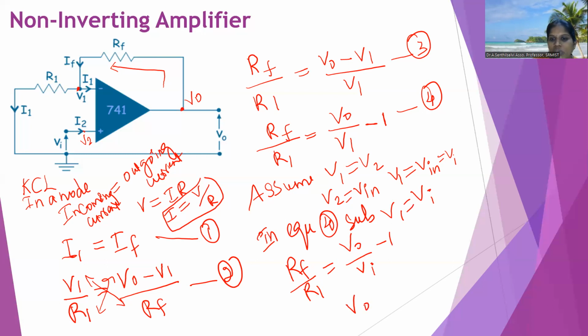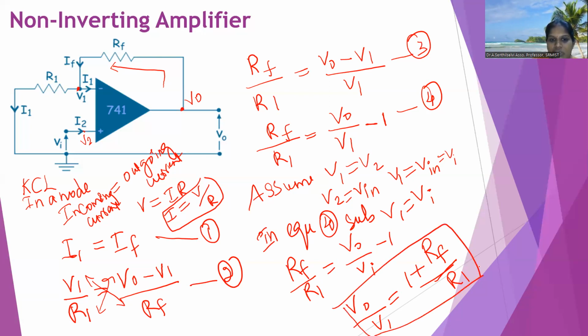So, V out divided by V in equal to 1 plus Rf divided by R1. This is the gain equation. So, gain AV equal to 1 plus Rf divided by R1. This is the gain equation of the non-inverting amplifier.